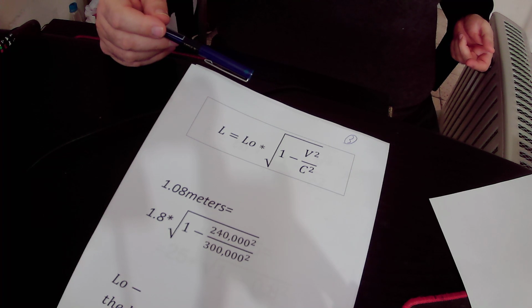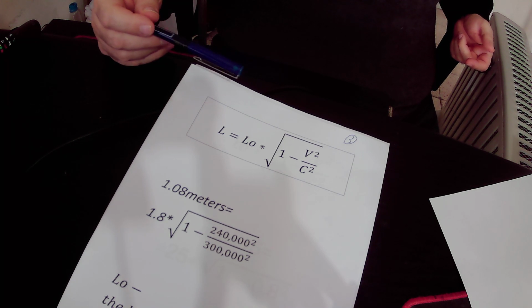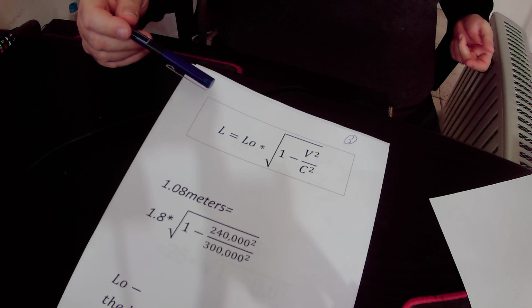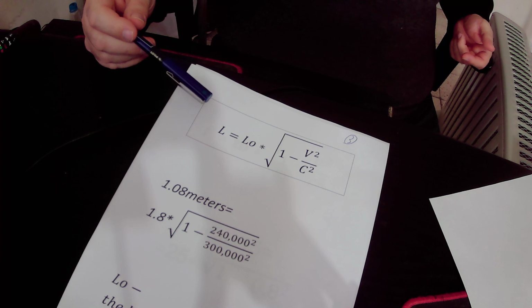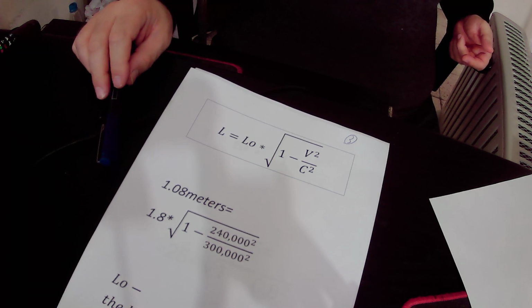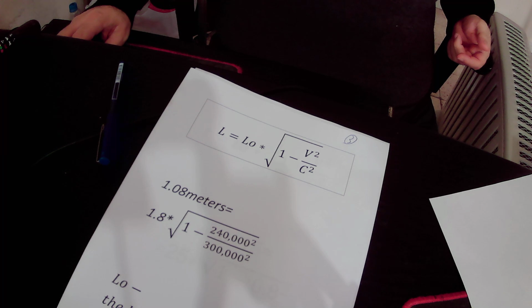Even if he moves at a small speed, there will be very little change in the distance between Earth and the star Epsilon. But if we want the change to be significant, he must move at very high speed. In our example, he moves at a speed of 240,000 kilometers per second.